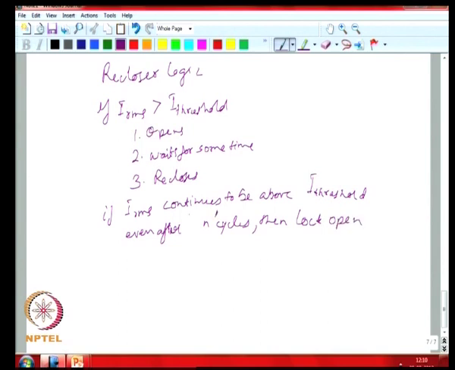So, depending on what the n is, you can have 2 cycles, 3 cycles, any number of cycles of the recloser.